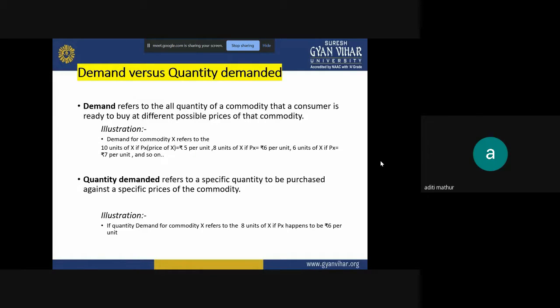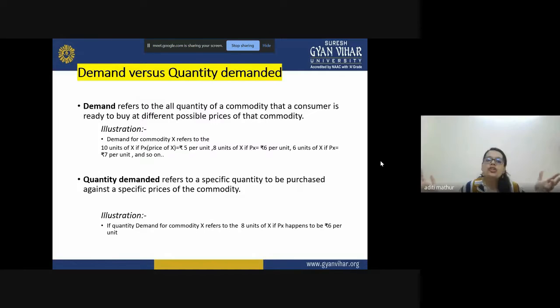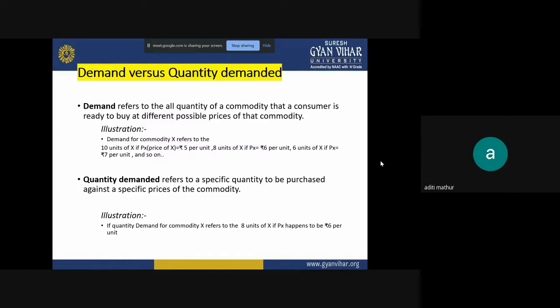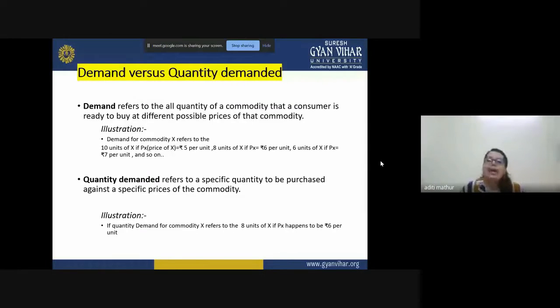So quantity demanded is a short term concept actually. I'll give an example of that X commodity only. What I am ready to purchase if the price of that commodity is 6, that number of units will be my quantity demanded, right?